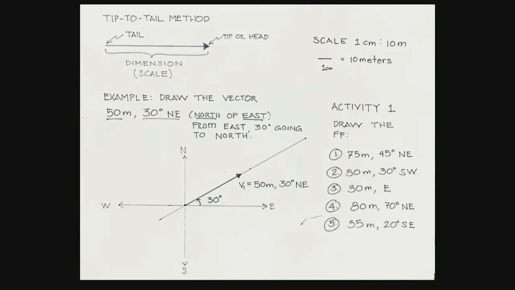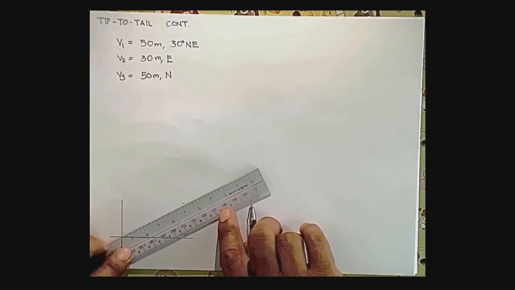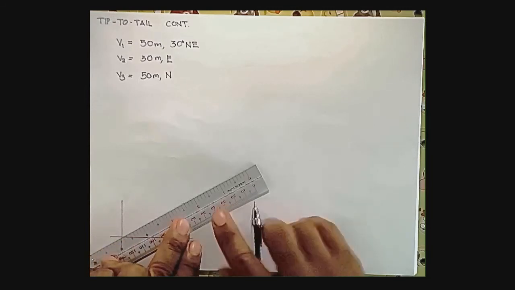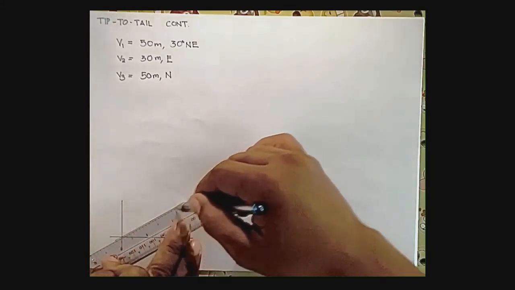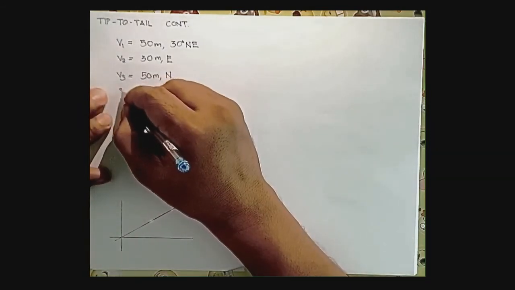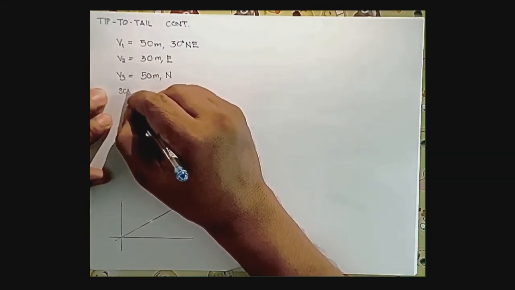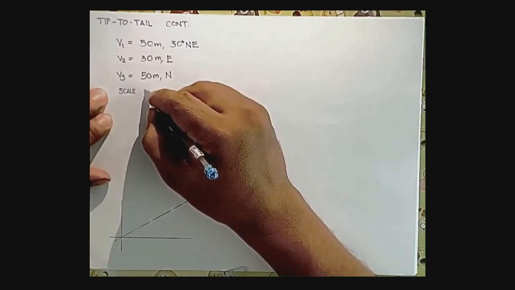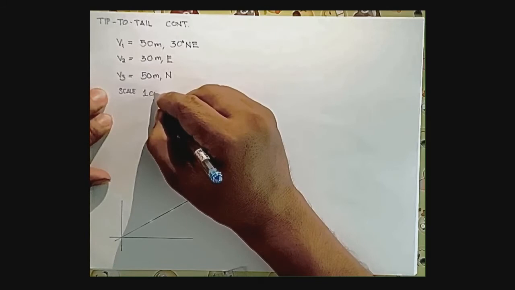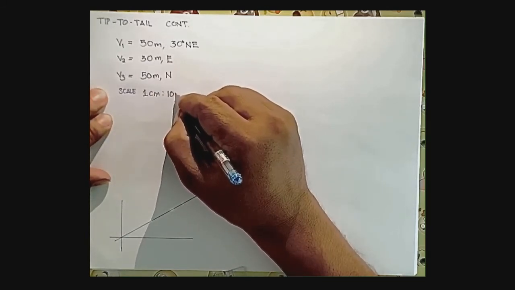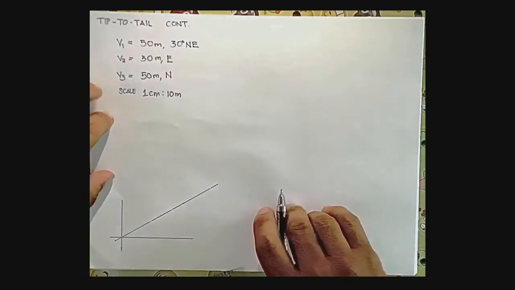And with the help of our ruler, we can sketch out a line. And then from there, we will measure the 50 meters. Again, we will be using the scale 1 cm equals 10 meters.